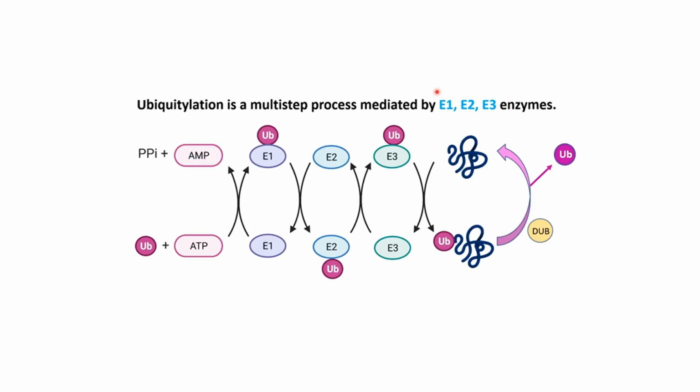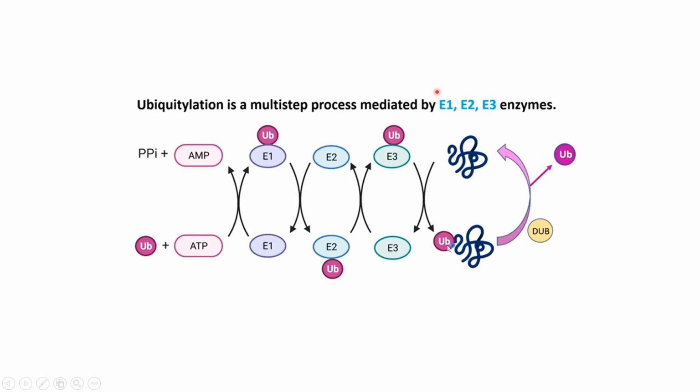After that, E1 will transfer the ubiquitin to the E2 enzyme, and E2 will transfer it to the E3 enzyme. E3 will conjugate the ubiquitin to the target protein. So this is how the ubiquitin is transferred by the three enzyme complex.